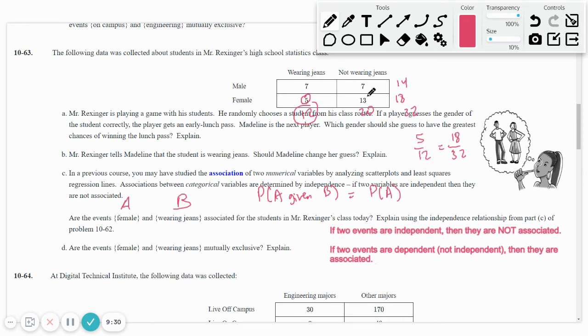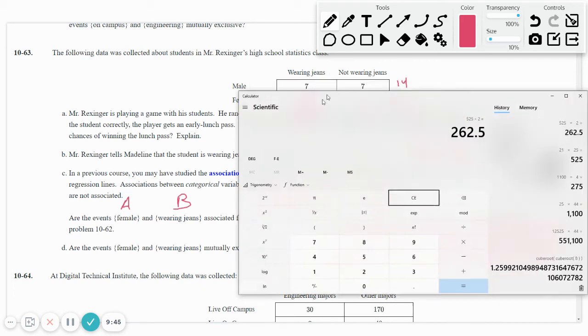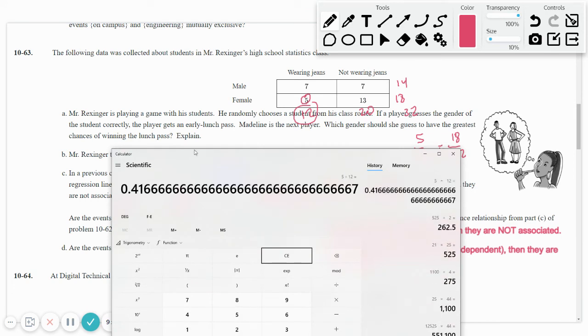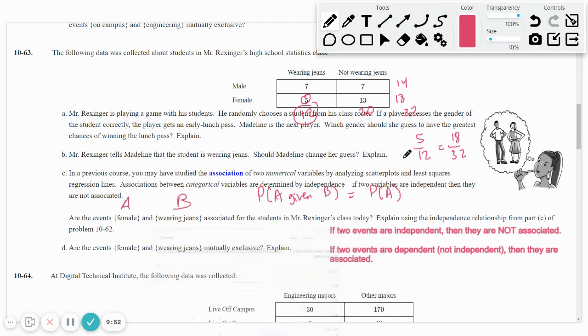If these two probabilities equal each other, that means they are independent. If they are not equal to each other, that means they're not independent and they are associated. So let's take a look. I'm going to plug this into a calculator here. 5 over 12 is 0.42 if we were to just stop there.